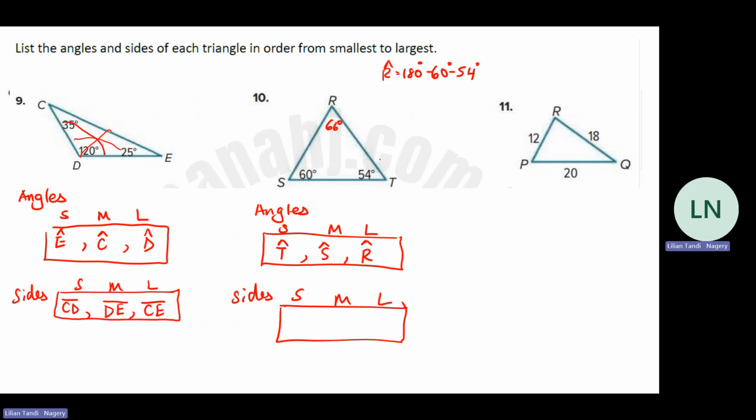So 54 is the smallest angle. It's going to RS. And then the middle one will be 60, which is going to RT. And then the biggest is 66 going to ST, like that.